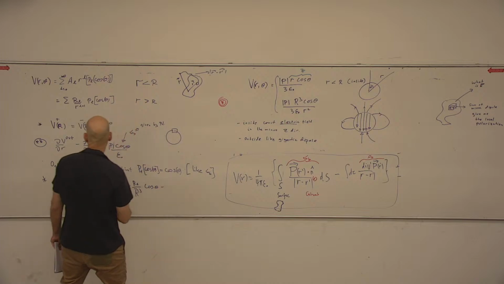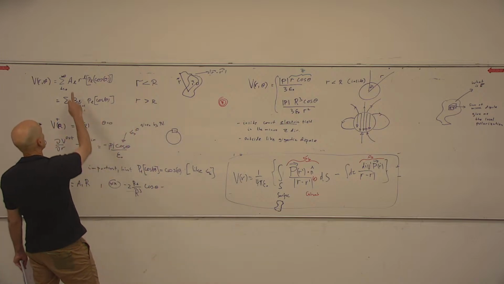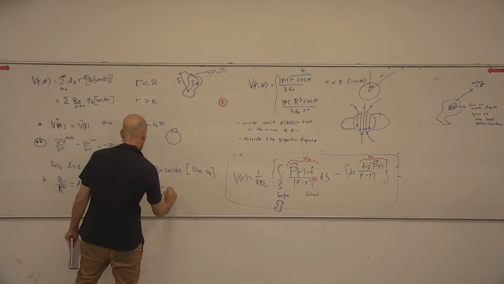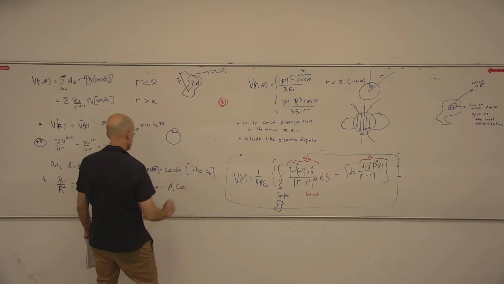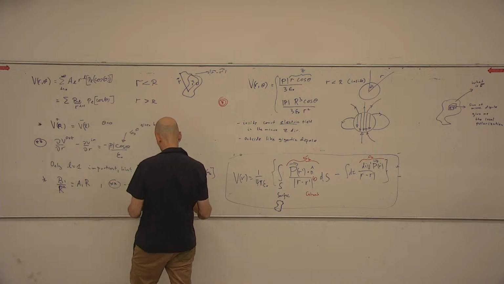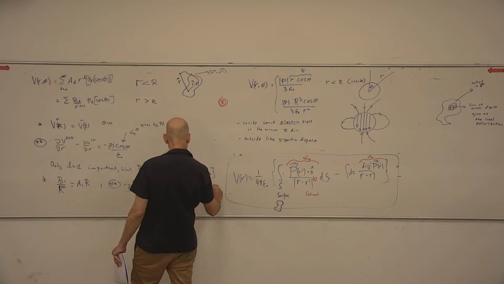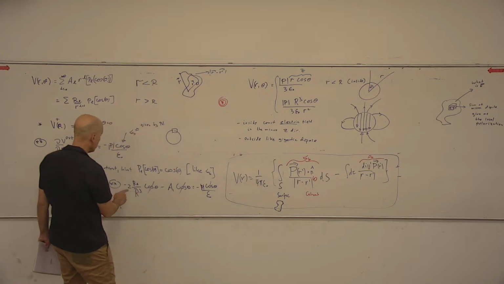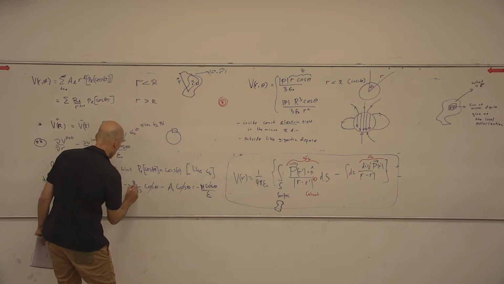Minus, now the inside, I have this one, so this is simply A1 cosine theta, and this is equal to minus P cosine theta over epsilon 0. So I can cancel the cosines.